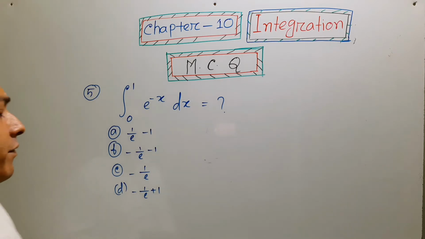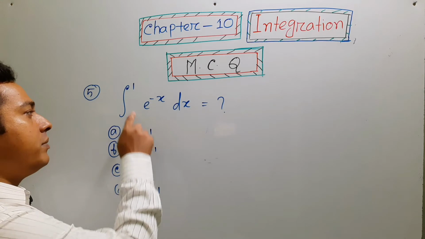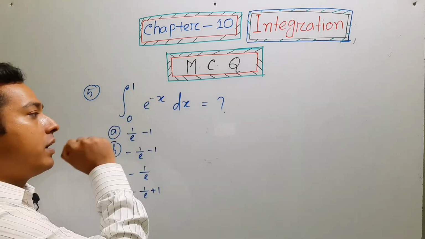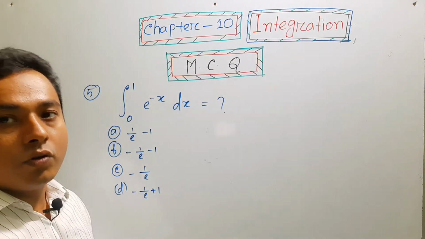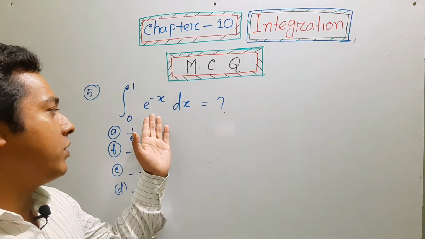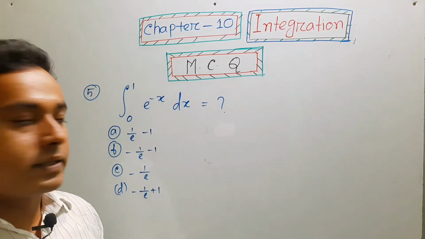Okay, now question number 5. This is a definite integral because it has a lower limit and upper limit, and e to the power minus x dx. Dear student, we already know the basic formula of this integral function, e to the power x.